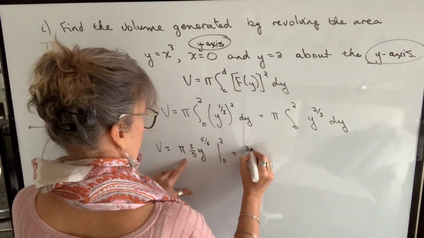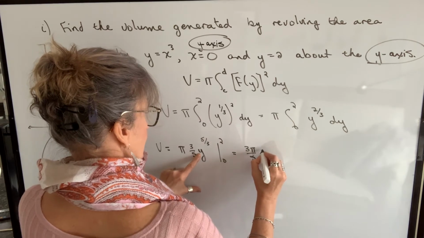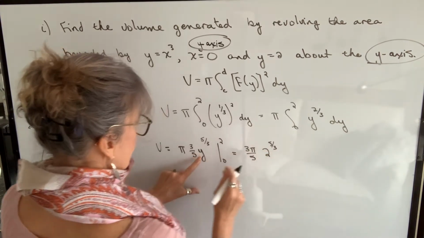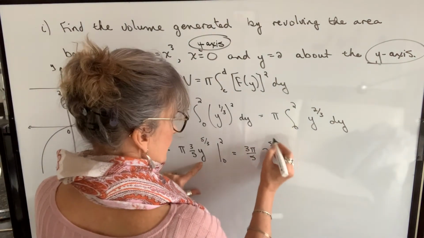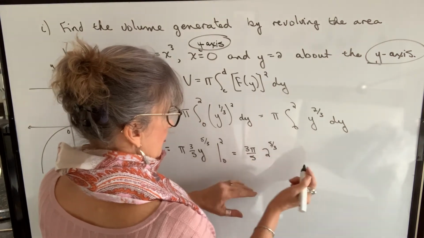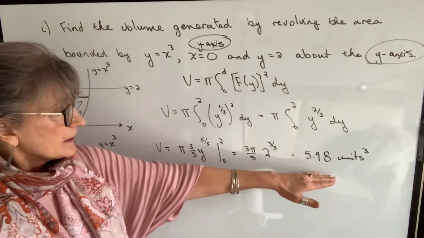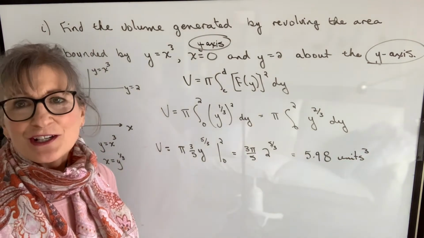So it will be 3 pi over 5 times 2 to the 5/3 minus, when I put a 0 in, this whole expression is 0. Now this isn't a particularly nice number, so we are going to find its decimal value, and that's 5.98 cubic units. Let's try a couple more.